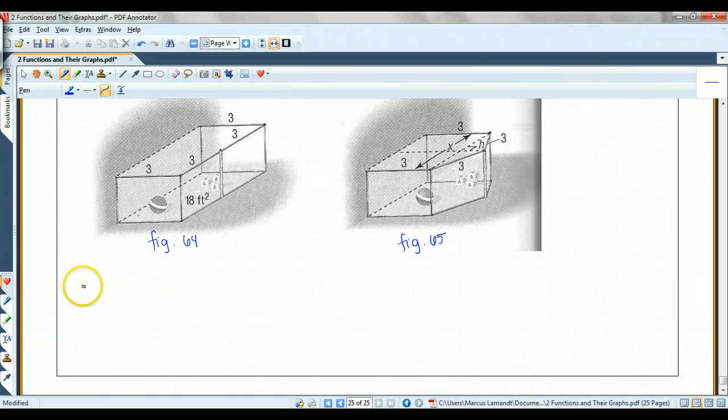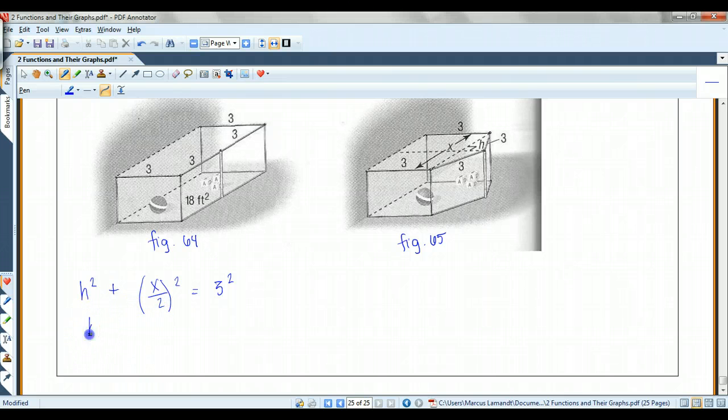Let's go ahead and do that. So I've got a squared plus b squared equals c squared, so h squared, that's our a. This would be x over 2 since the whole thing is x. x over 2 squared equals the hypotenuse squared, which is 3 squared. Okay, so what I'm going to do is solve for h here.